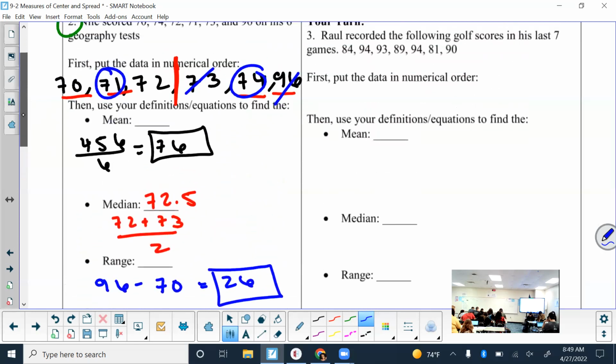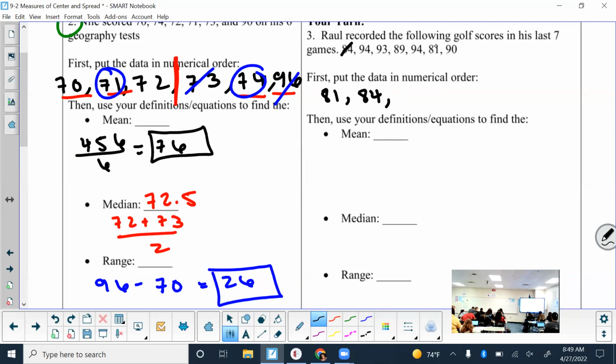All right, we'll do the next one together because it's an odd number of values. Raul recorded the following golf scores in his last 7 games. First, we need to put them in order. What number would come first? 81. And then, all right, let me cross them out.